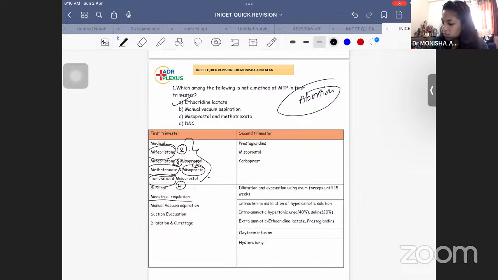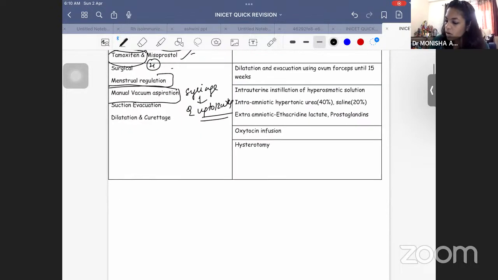Next, a very important question from first trimester abortion is manual vacuum aspiration. Manual vacuum aspiration syringe is done only up to 12 weeks. Remember this. This is also a direct question. What else do you have to know about it? You have a syringe fitted to a Karman's cannula. Here you're creating a vacuum.